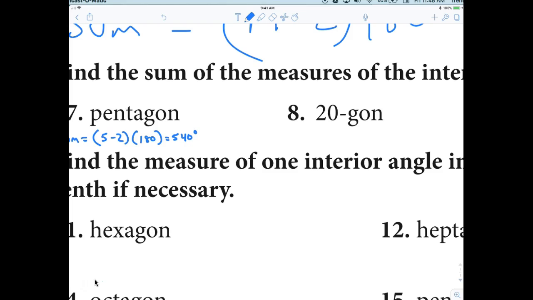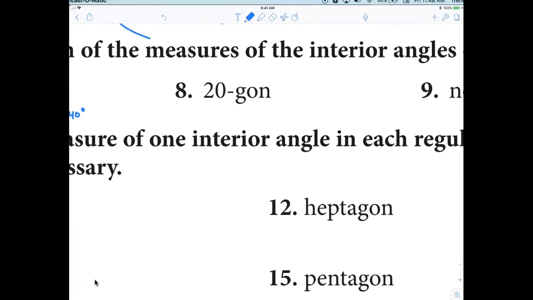If you were to draw a polygon with 20 sides, for a 20-gon, we don't have a special name for all the polygons. Generally after 12, if there were 15 sides, you would just say a 15-gon. Or if there were 30 sides, you would say a 30-gon.